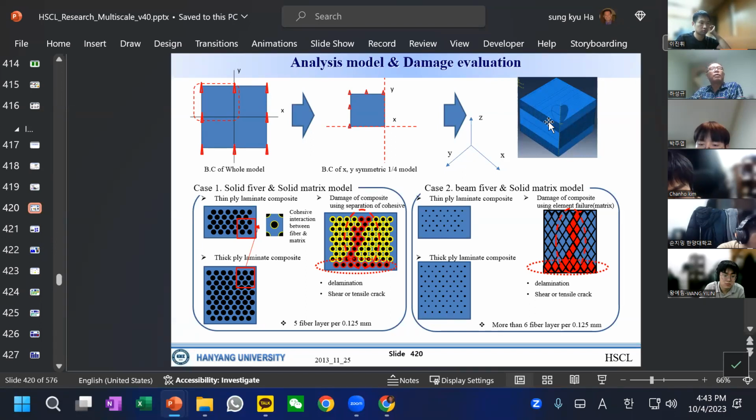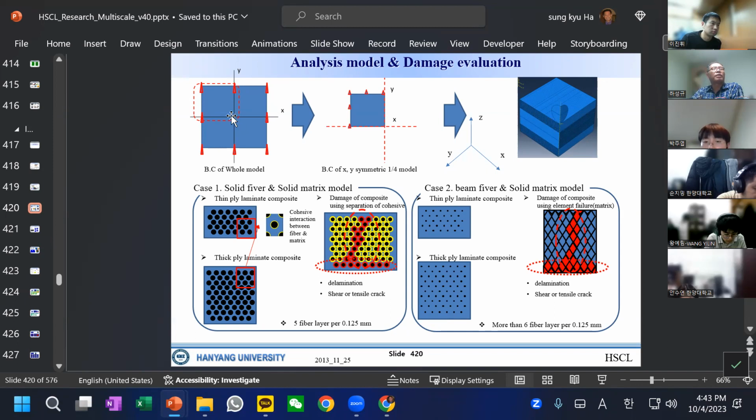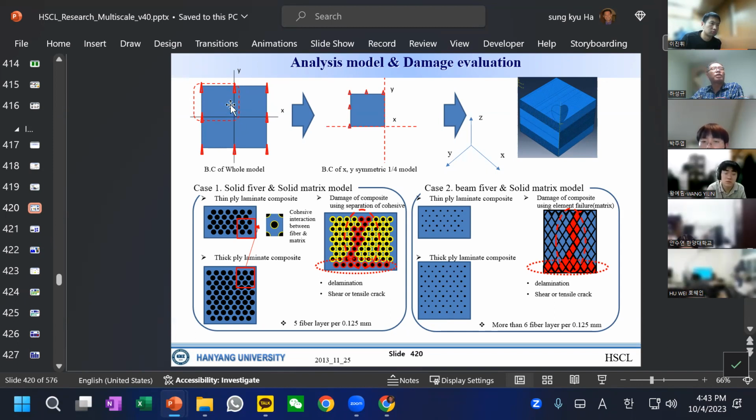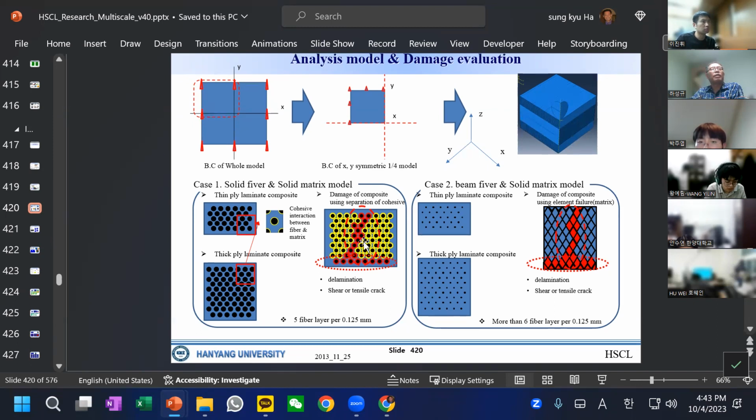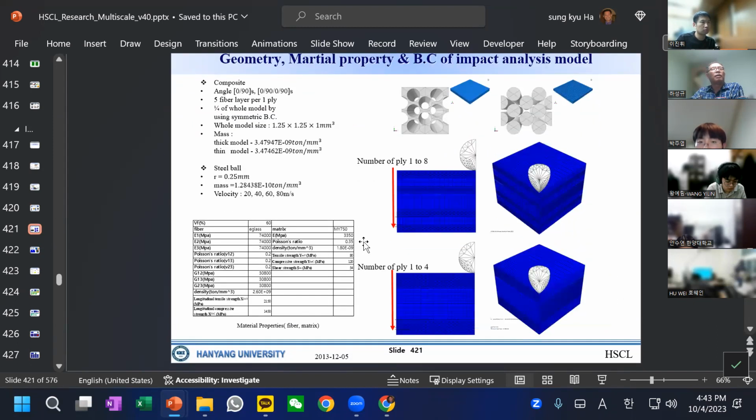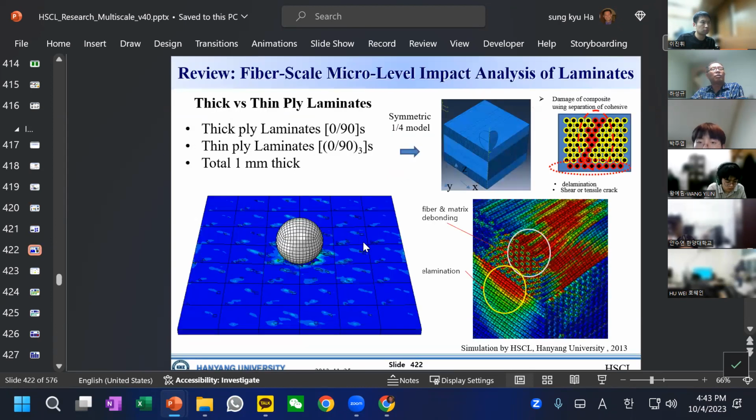So let's say we have a square plate with a center. We have an impact vertically, and then we just analyze the quarter plate with all symmetry. So this understanding of composite impact behavior is so important and still going on.